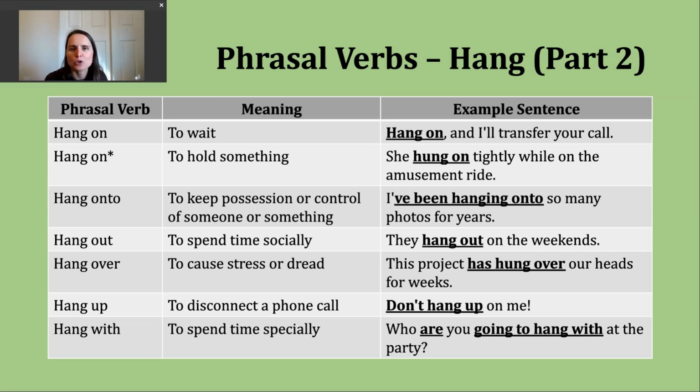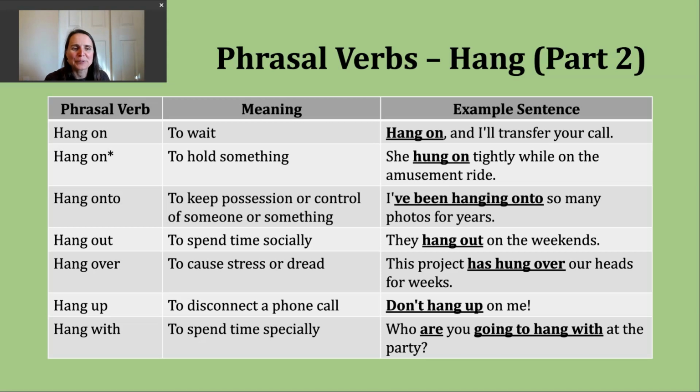So, being social with friends, spending time with their friends. An example of this, they hang out on the weekends, right? So here's another simple present sentence. I'm talking about someone's habit or routine. And I think I forgot on the last one, hang on to. I've been hanging on to so many photos is an example of the present perfect progressive.